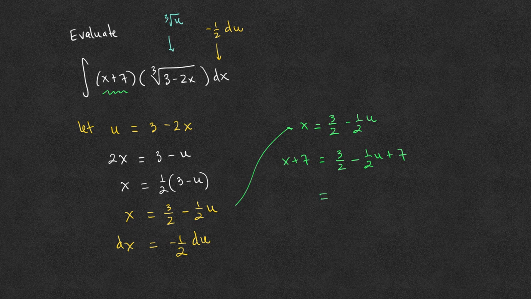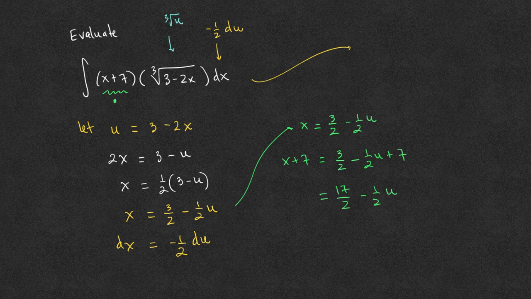And so if we clean up the right hand side, 3/2 plus 7, 7 is 14 over 2, we have 17 over 2 minus 1/2 u, and this will be the substitution for x plus 7. We now have all the pieces for this substitution.